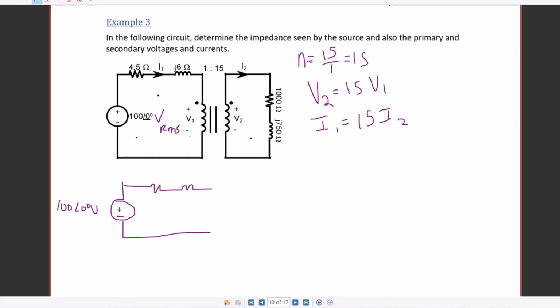Okay, then we're going to have 4.5 ohms and J6 ohms. And then this point right here would be V1, and that's also going to be V2 prime. That prime means the reflected V2, okay? And then that means the current over here is I1, and the current right here would be I2 prime, which once again means that's going to be the reflected I2. Any questions?